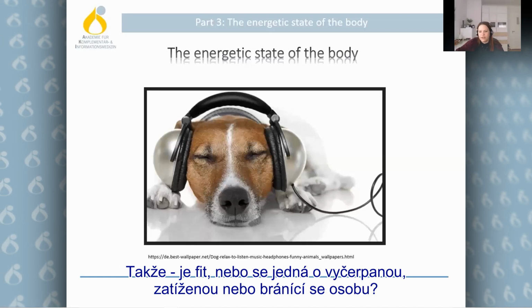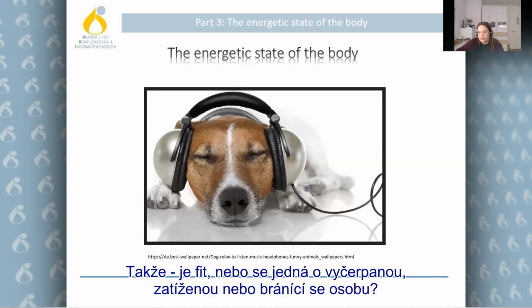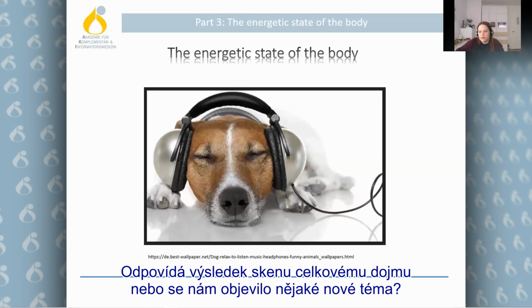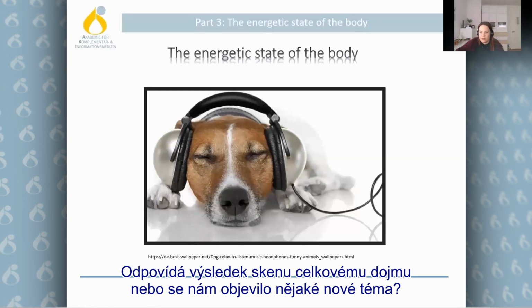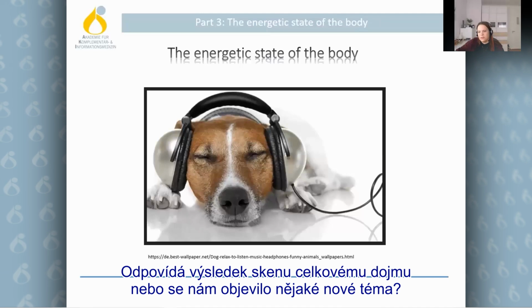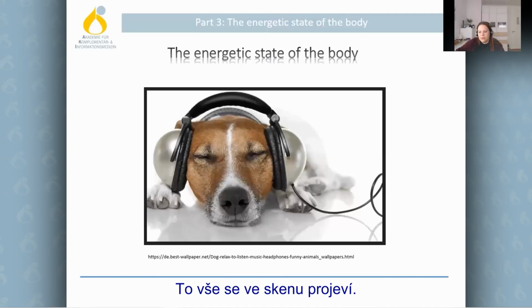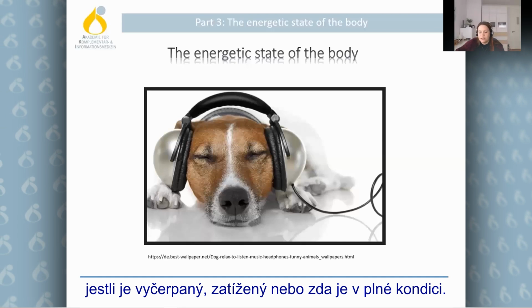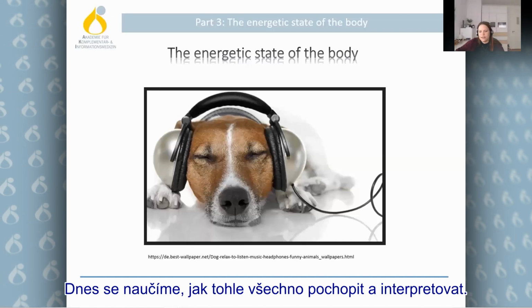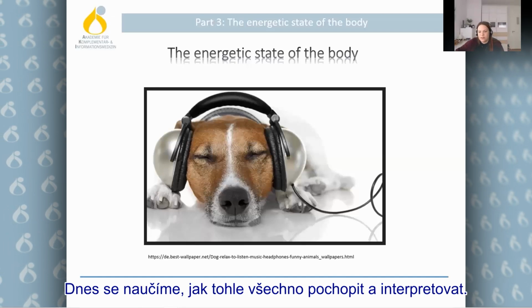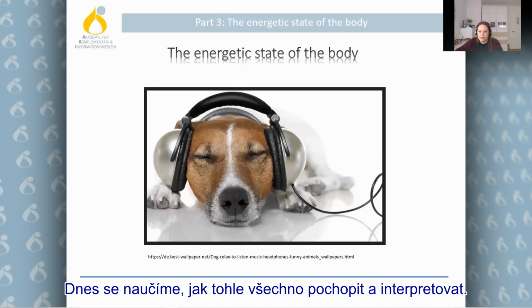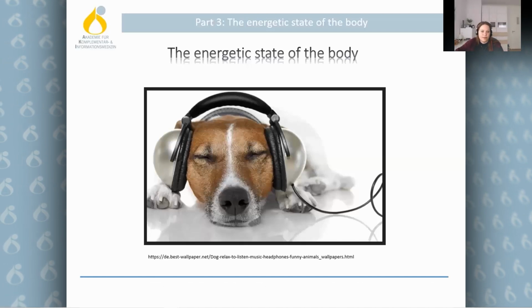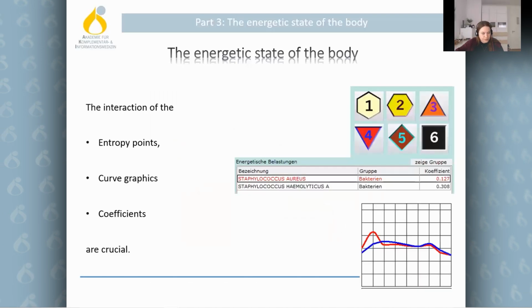So do you have a fit or rather exhausted, stressed, or defensive person, or does the scan match the first impression, or does another theme show up due to this? This is what you see in the scan: what kind of person you have in front of you, if it's exhausted, if it's stressed, if it's fit. This is what we learned today, how to read the interpretation with this information.